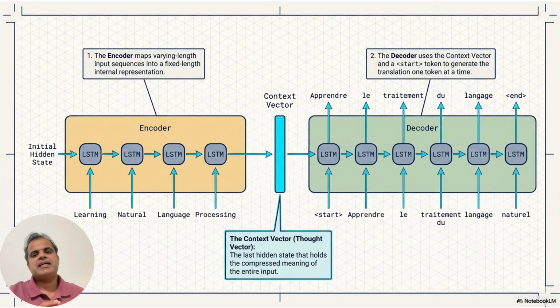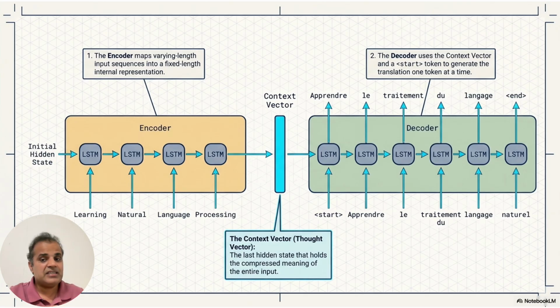Let's look at standard sequence to sequence modeling, which forms the foundation of machine translation. The pipeline is split into two major blocks, the encoder and the decoder. First, the encoder processes a varying length input sequence, like our English text, learning natural language processing, one LSTM cell at a time.